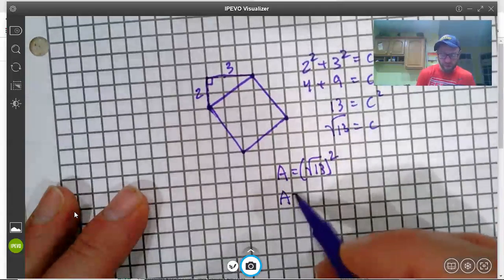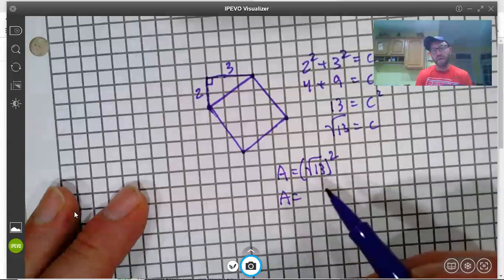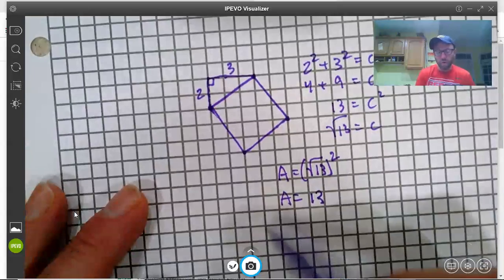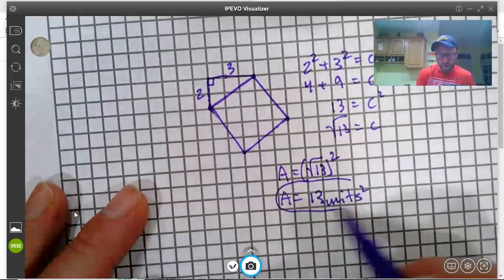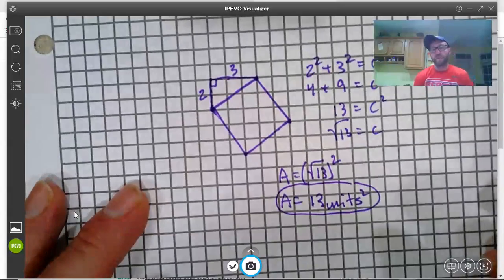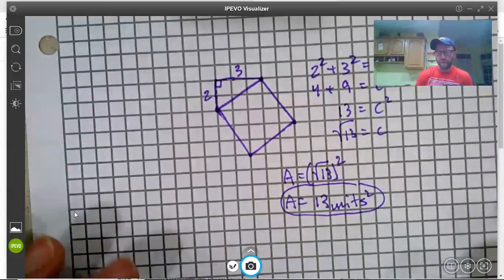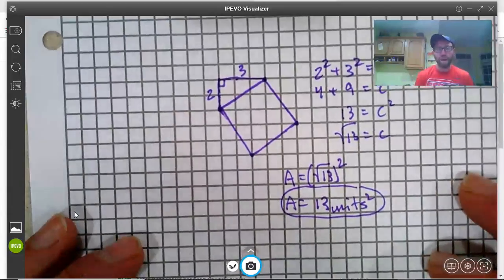And it just so happens that if I take the number 13, take the square root, and then square it, I just get 13 back, because squaring and taking a square root are opposites, inverse operations. I want to add units squared. Okay? So that's how to draw a square in the coordinate plane and find its area.